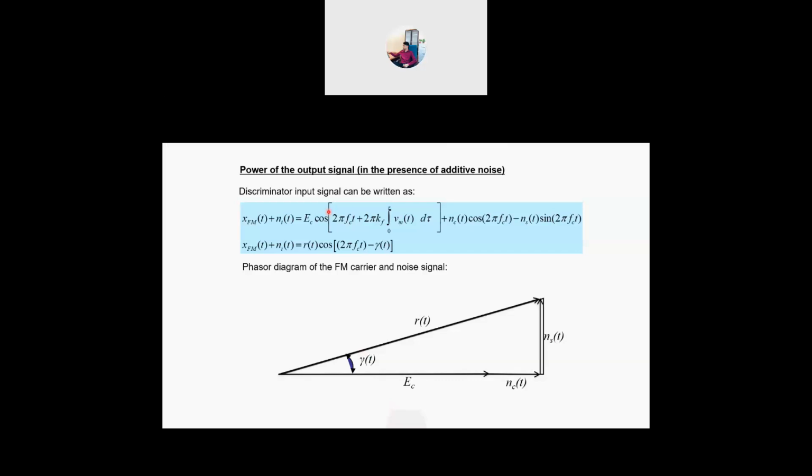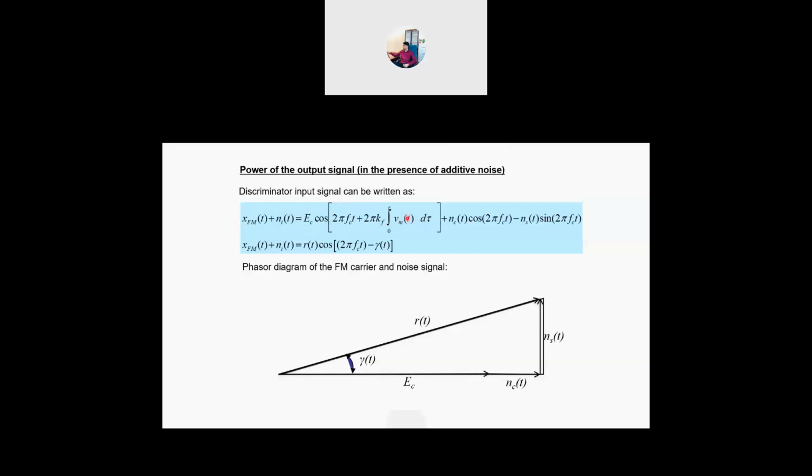Now we're considering if we start to have noise, which is additive in nature. So, power of the output signal in the presence of additive noise. The discriminator input signal can be written as XFM, and now we have the noise present. E is equal to 2 pi fc plus 2 pi kf integral of m(t) d tau.